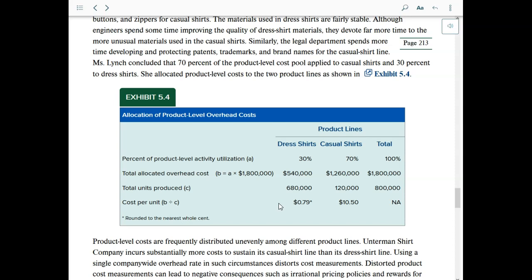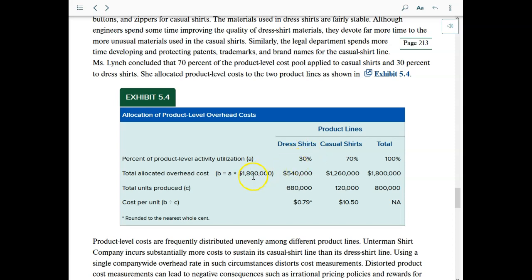She said that overall, she believes, based on her studies, 70% of these product level costs, not per hour, not per setup, but 70% in total should be allocated to casual shirts and 30% to dress shirts. These are her estimates, right?